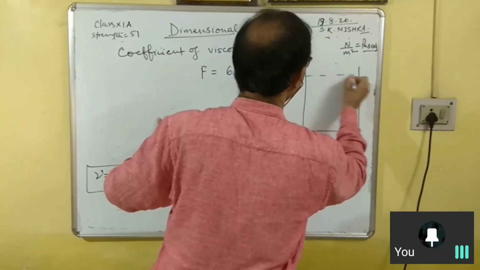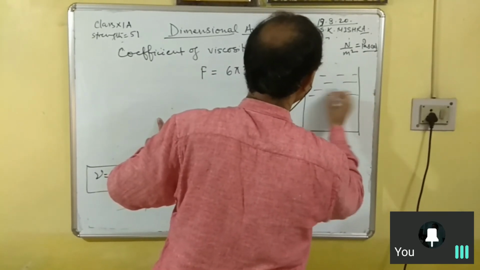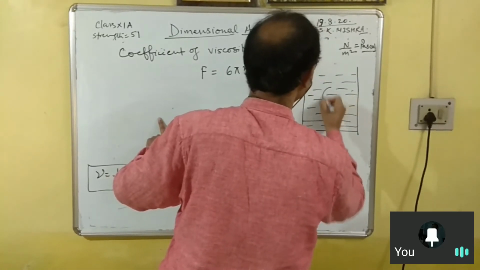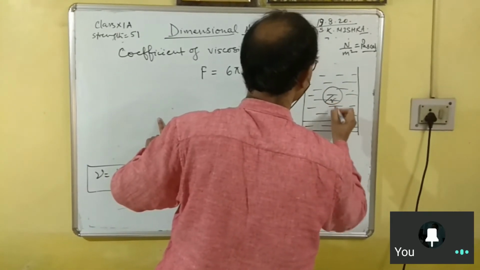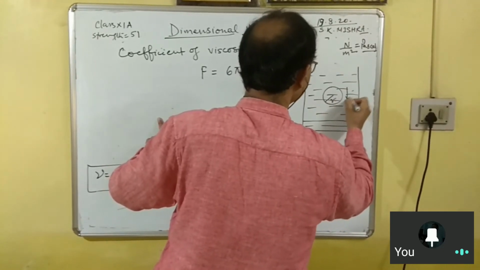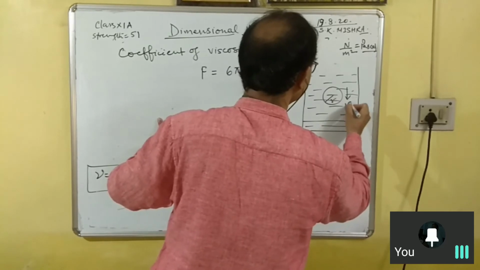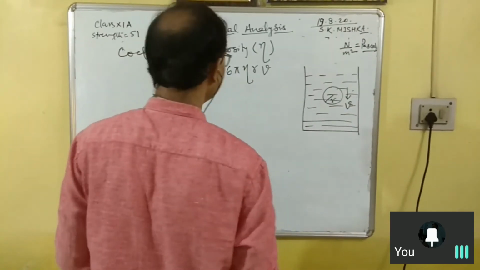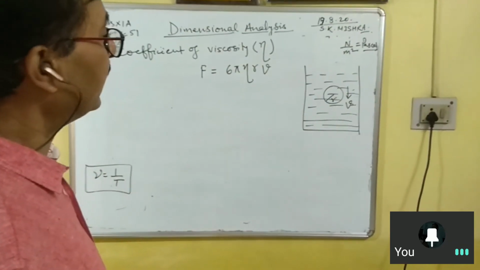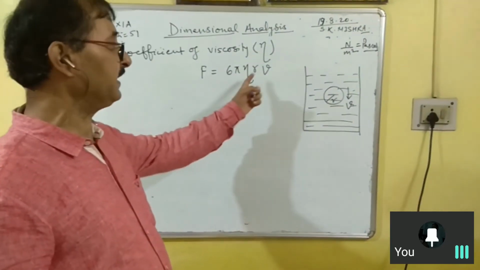If you have a container containing some fluid and a spherical object of radius r, now it is moving, falling inside the fluid column with a velocity v. Then the viscous drag force acting on that spherical body is 6 pi eta r v.